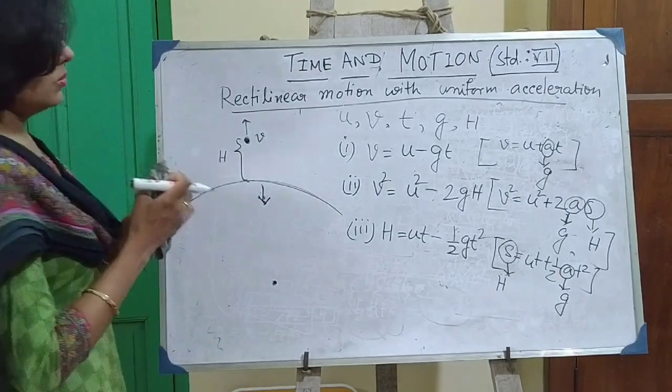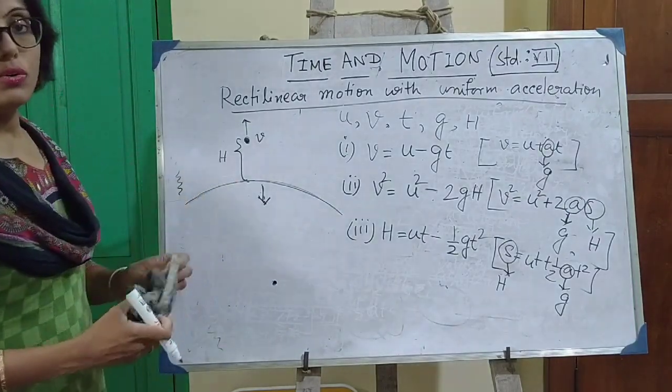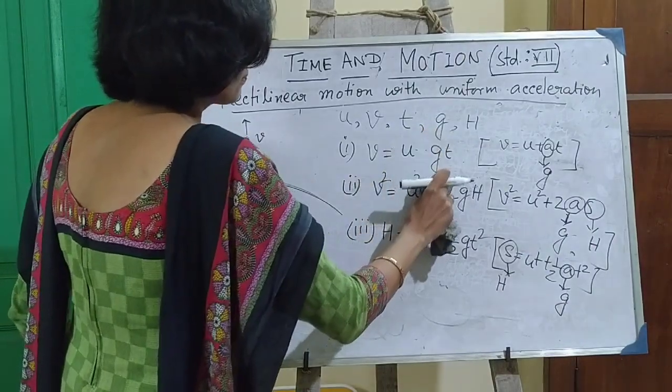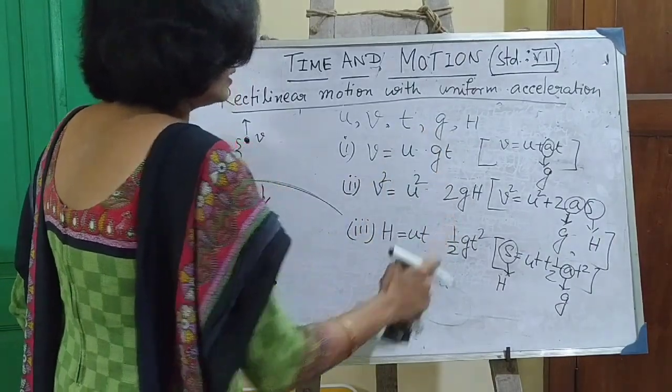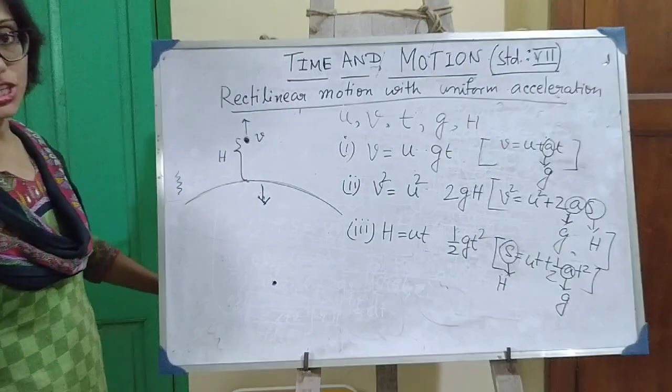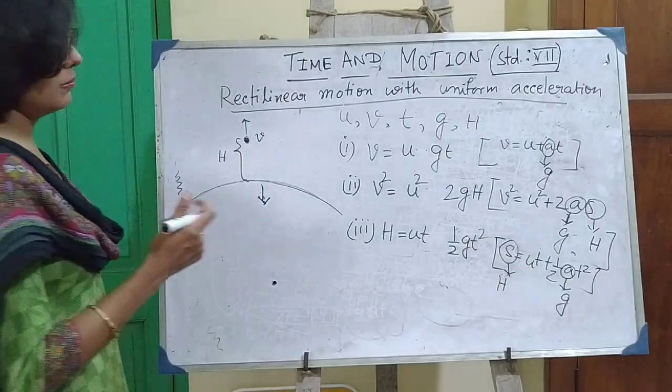Clear? Now, in general, we can write the equations of motion for a body which is either moving in vertically downward direction or vertically upward direction.